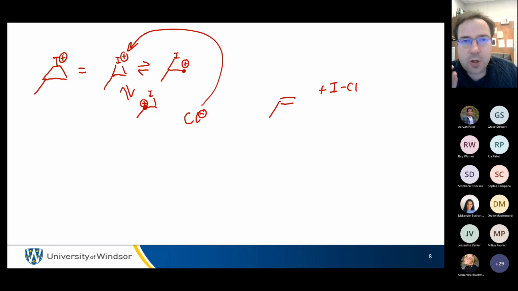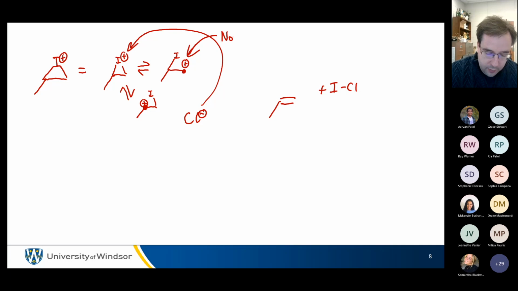You're thinking, oh, well, this one's more accessible because it's primary. You're absolutely right. But how much positive charge is on that carbon? It's a primary carbocation. That is a bad carbocation. It does not exist. This is not a significant contributor.